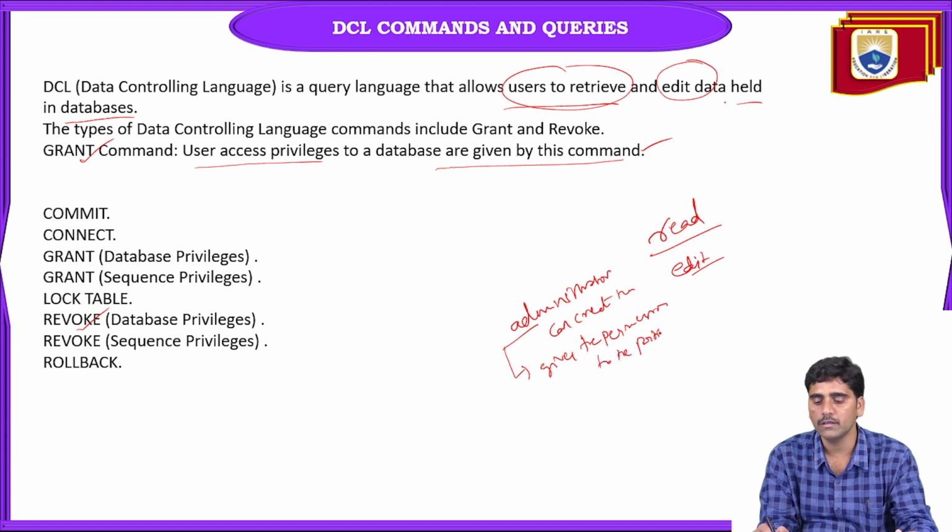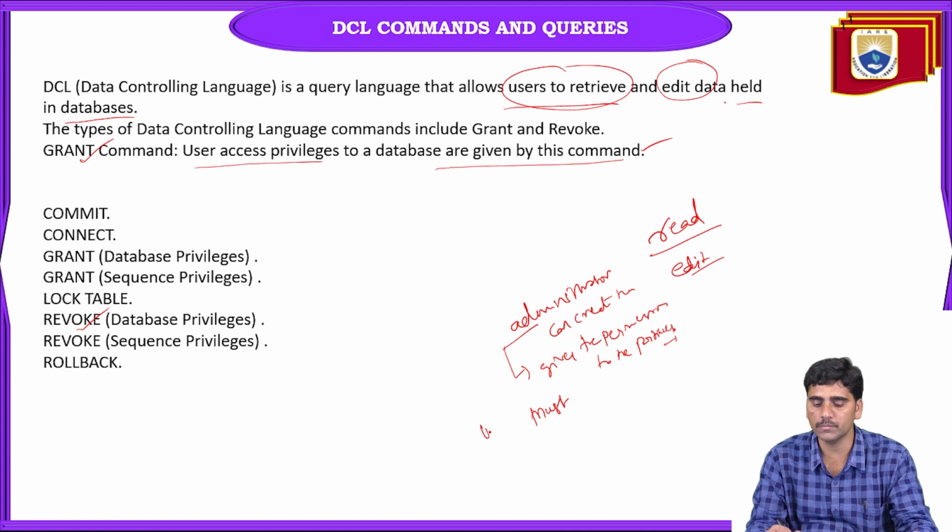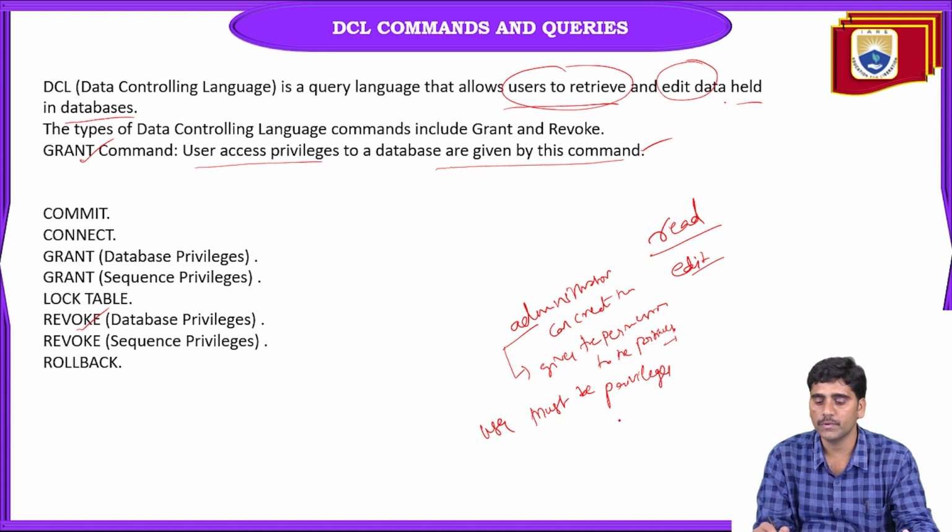If any user wants to see the data or edit the data, then that user must be privileged to view the data or privileged to edit the data. That means he must be granted access to the data.